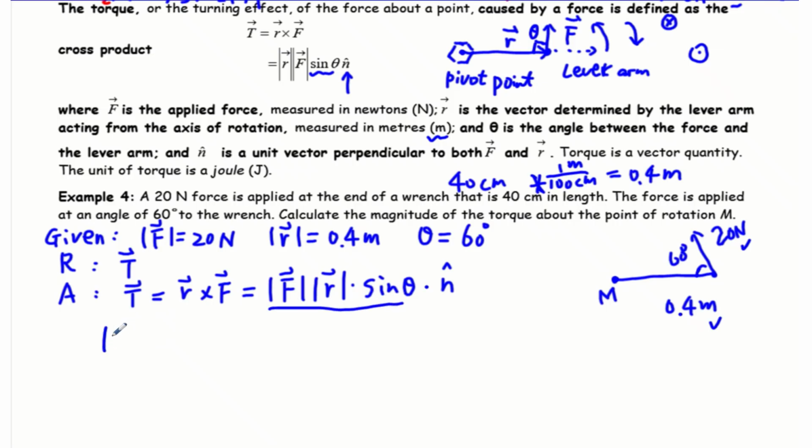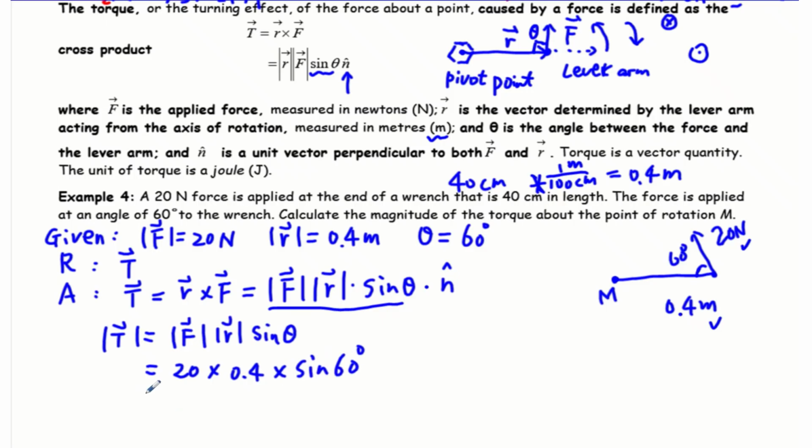So the magnitude is just F R times sine of the angle theta. F is 20 times 0.4 times sine 60 degrees. Use your calculator, it is around 6.92 joules.